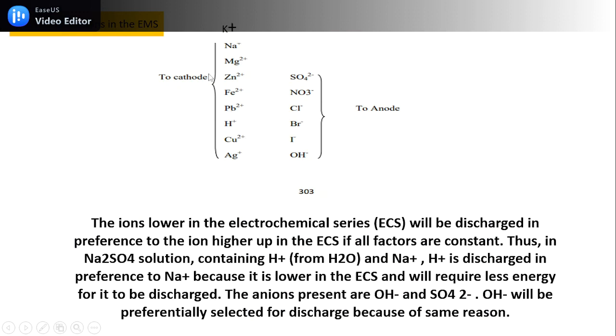We have the cations here, and we have the anions here. The electrochemical series is also known as the activity series of elements.